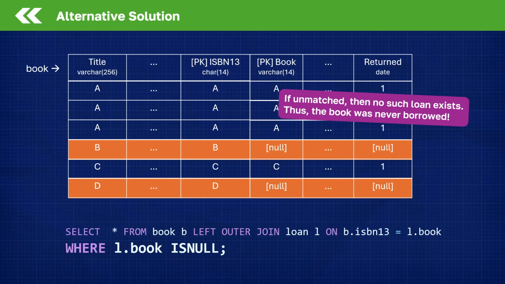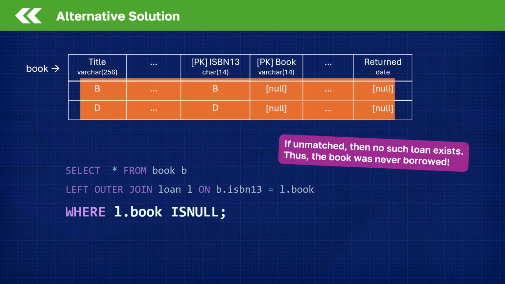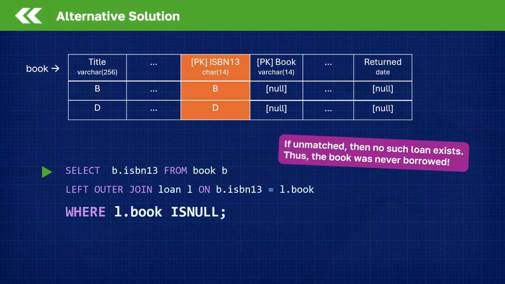This one is a bit tricky to explain. First of all, there's no harm in putting distinct unless the question says otherwise. It's okay to put distinct unless you want multiple values, then it is a wrong answer. But the reason we don't have to put distinct here is, first, ISBN13 on the book is already unique. Second, when we left join the book with the loans, those with matches might have multiple rows, but those with no matches occur exactly once, with the null values.